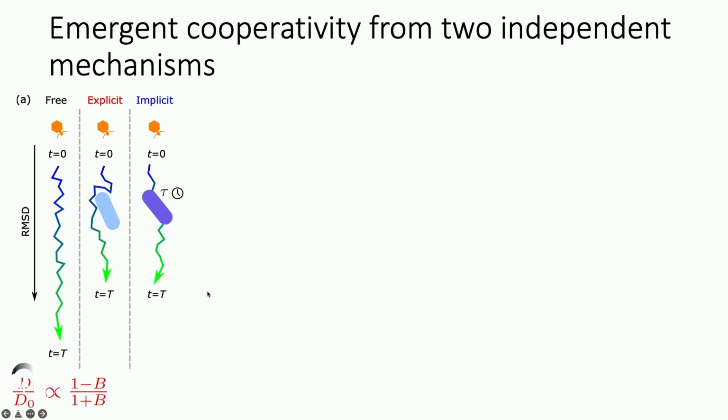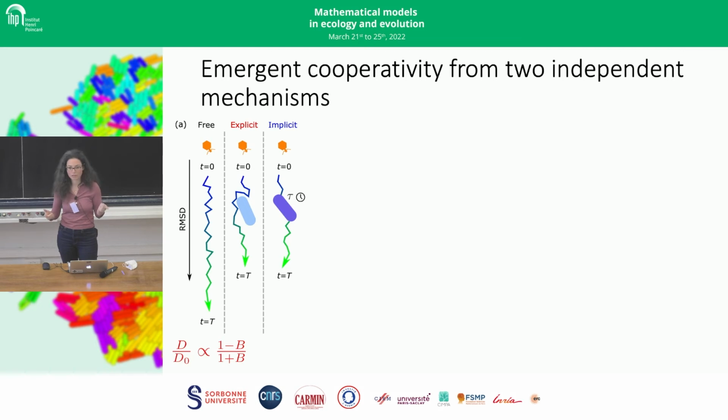But there's actually a third effect, which is due to the fact that when the phage adsorbs to a bacterium, it's stuck in the bacterium for a certain lysis time. While this is not explicit, in the sense that we don't have to modify our system of differential equations, it naturally emerges because some phage will be removed for a certain amount of time by the population and not be able to diffuse.